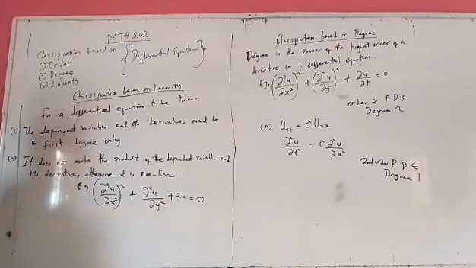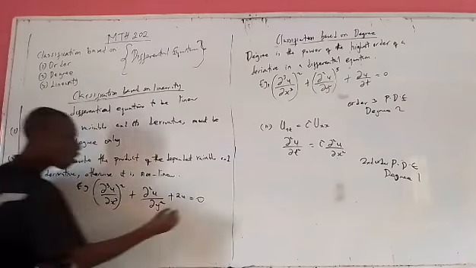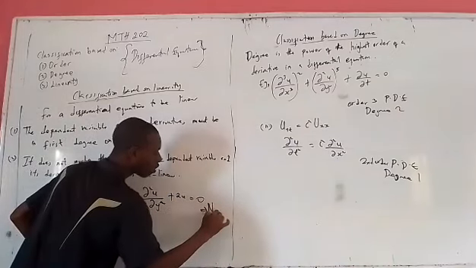And they ask you, is this linear? We know it's a PDE. Good. Now, is this linear? No, it is not in linear form. Why? Because your derivative must be of first degree. This is order 2 degree 2. This is order 3 degree 2. So it is non-linear.